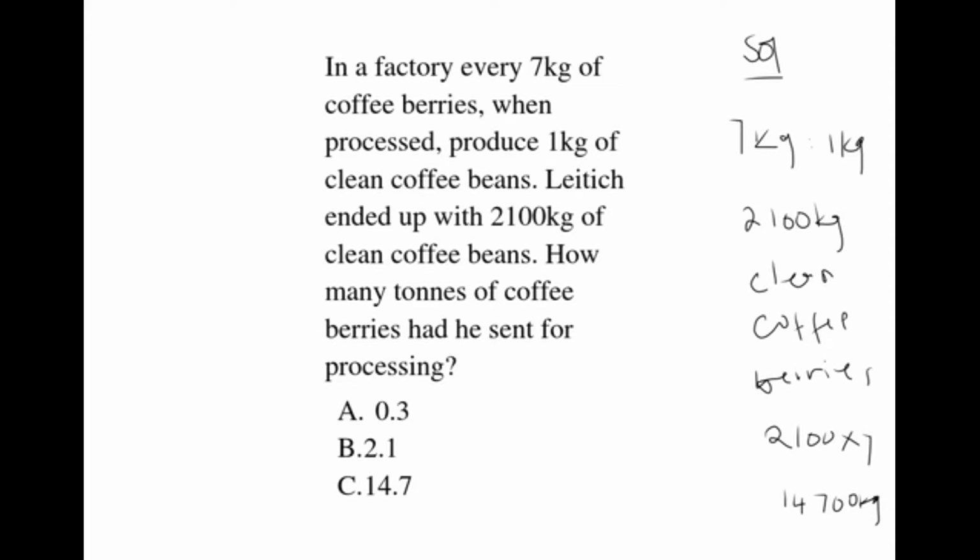And our question asks us how many tons of coffee berries. So we are required to give our answer in tons. We know that 1,000 kilograms is equivalent to 1 ton. Therefore, convert these 14,700 kilograms into tons. We shall divide by 1,000. Let us count the number of decimal places. We are going to count 1, 2, 3.